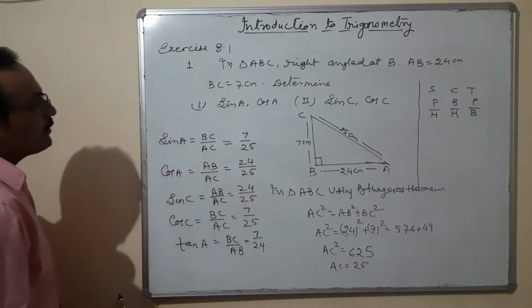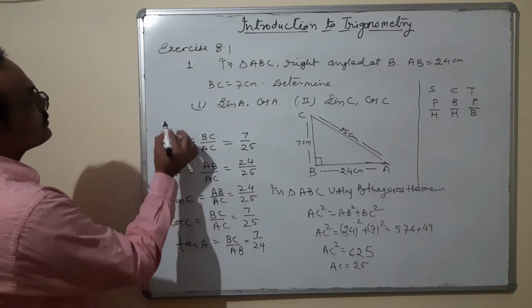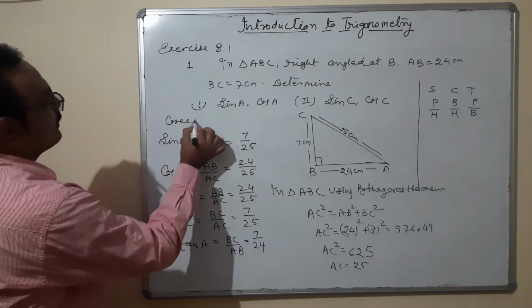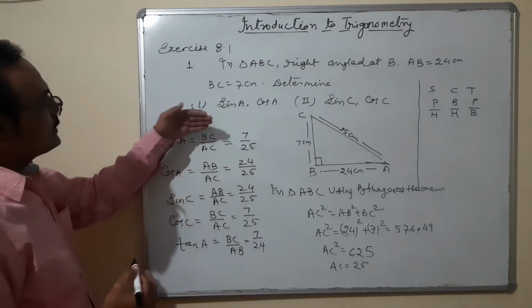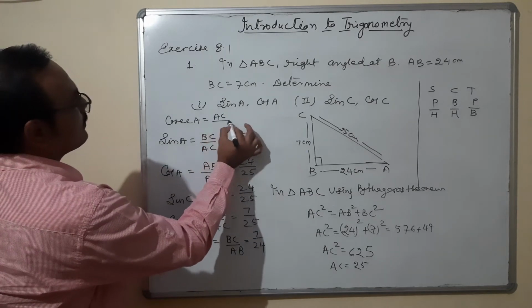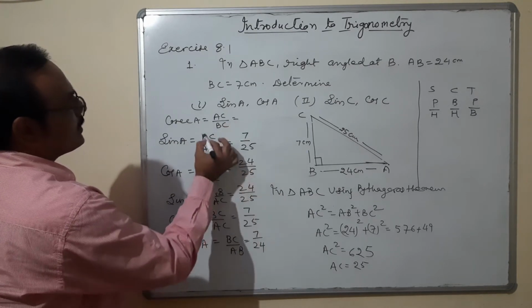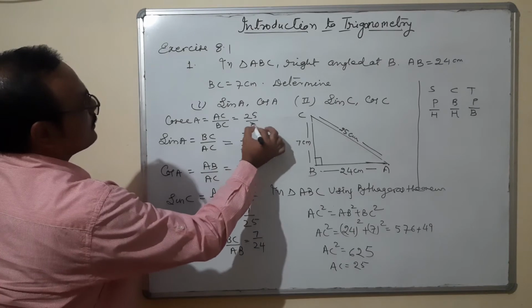If you find the value of the opposite of sine, like cosec A, cosec is always the reciprocal of sine, AC upon BC. AC upon BC, that means 25 upon 7.